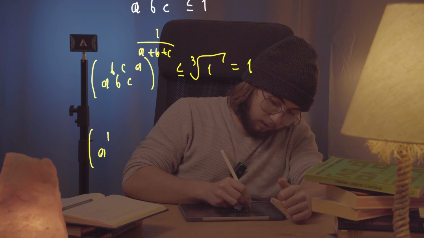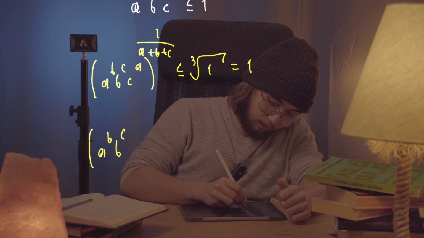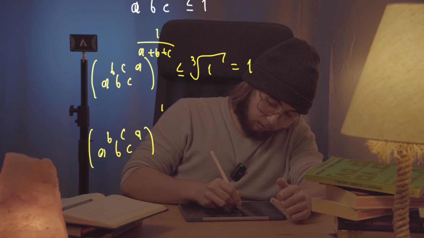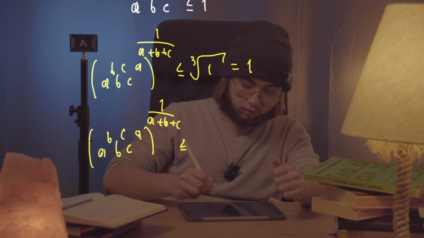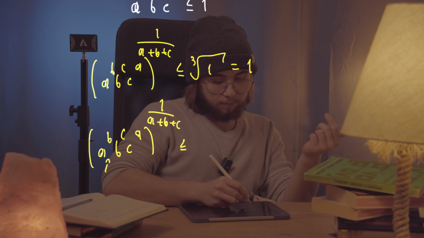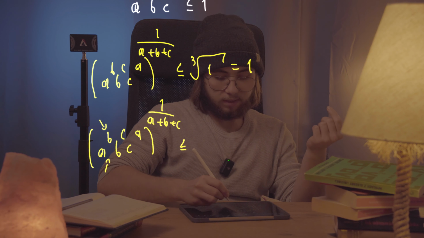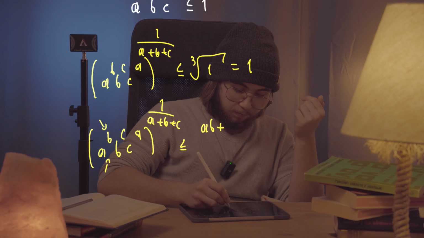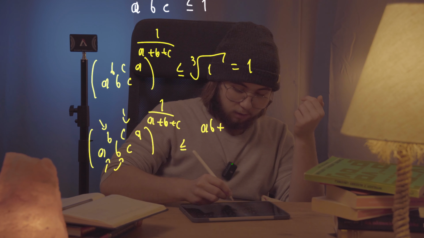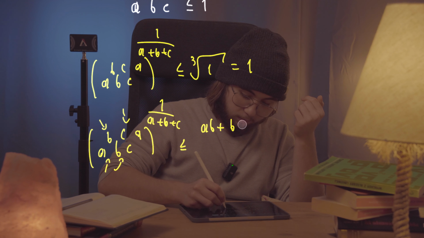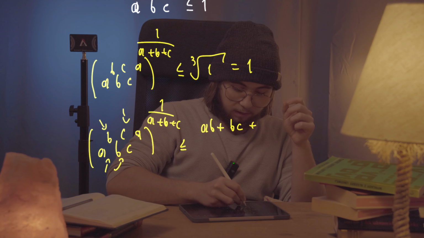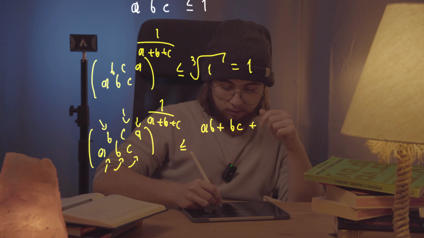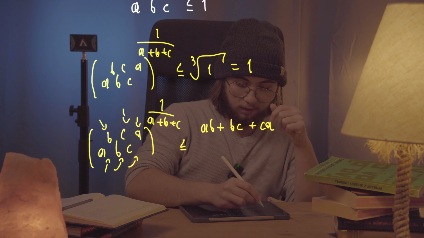So a to the b times b to the c times c to the a, to the power of 1 over a plus b plus c, is going to be less than or equal to a multiplied by its weight, but its weight is b, so a times b, plus b times its weight, which is b times c, and then plus c times its weight, which is c times a, so just ca right there.